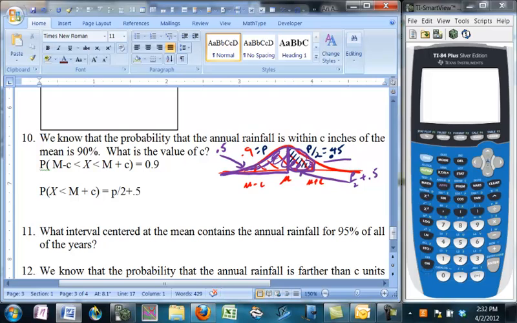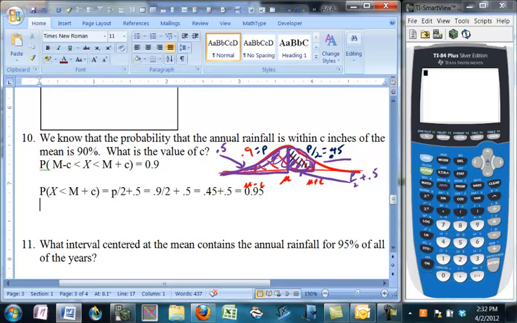In our case, 0.9 divided by 2 is 0.45, plus 0.5 equals 0.95.